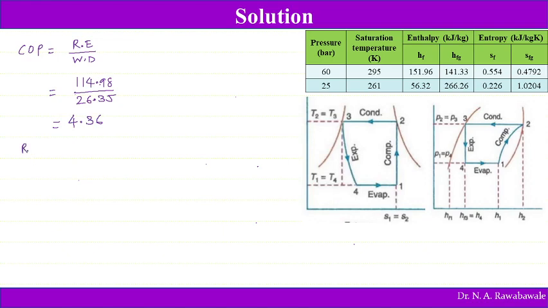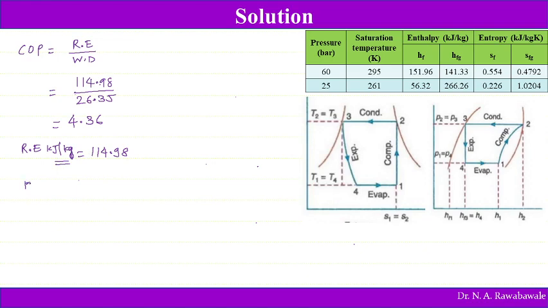Now he is asking us to find the capacity of the refrigerator. The refrigerating effect which we have calculated is 114.98 kilojoules per kg.